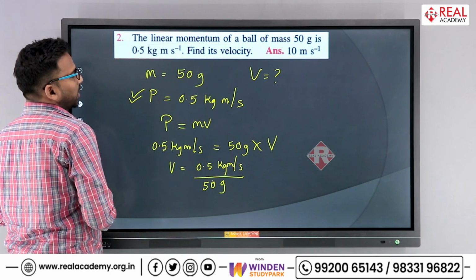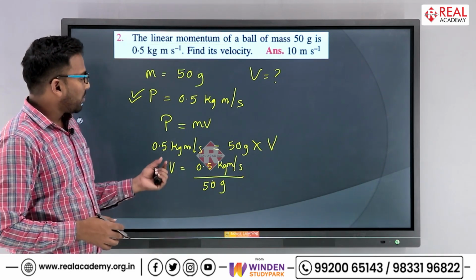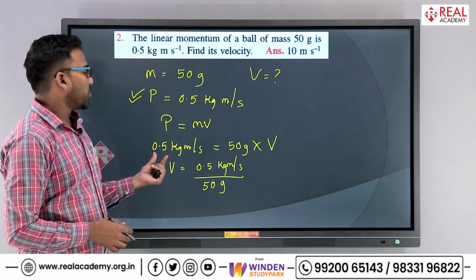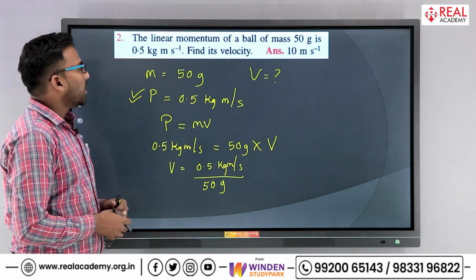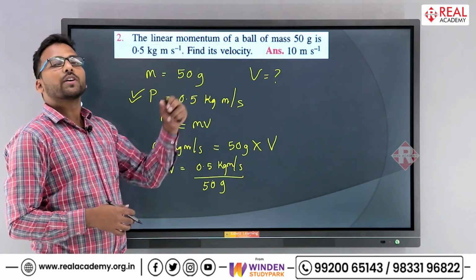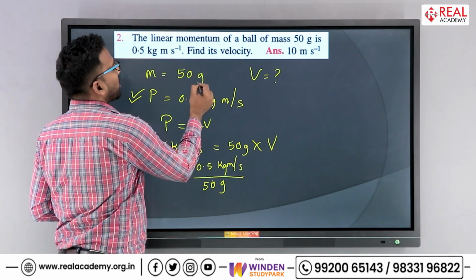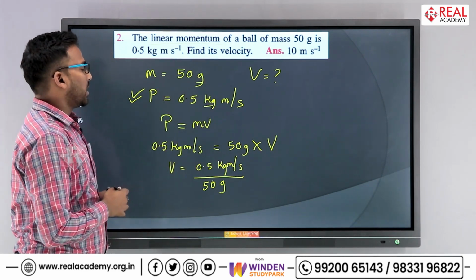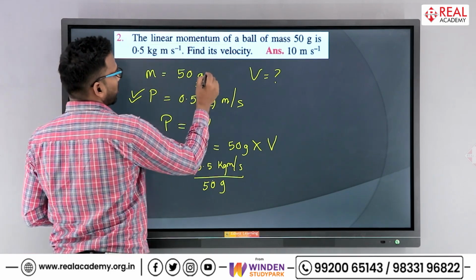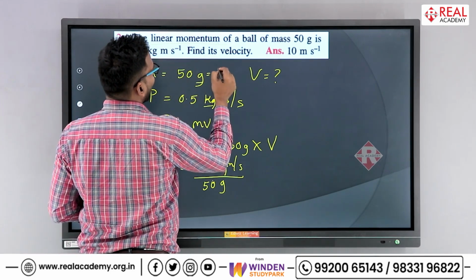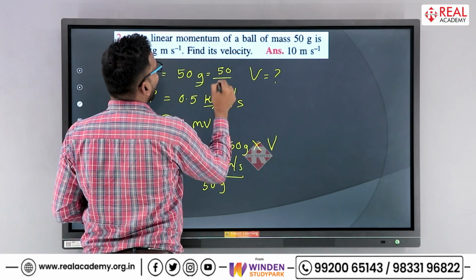See, before substituting the values into the formula, first convert everything in terms of SI unit. Here kg is in SI unit but gram is in CGS unit. Then how to convert CGS into SI unit? Gram to kg, just divide by 1000.